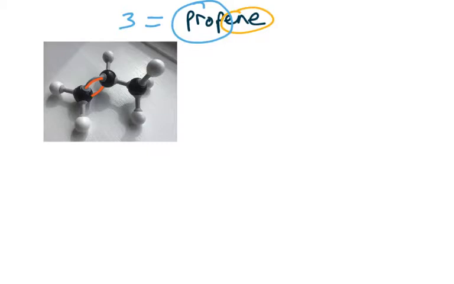So when we draw out our displayed formula, first of all I'm going to squash it flat onto the page. So I've got my double bond between those carbons there, then I've got a single bond, and then I'm going to draw out my hydrogens.